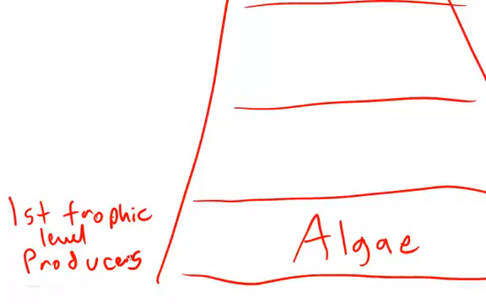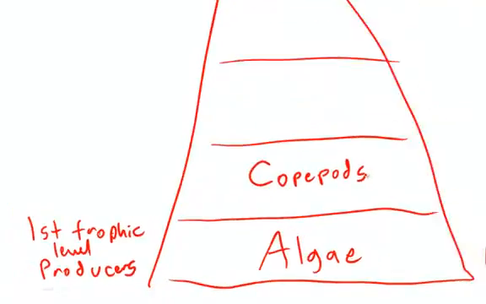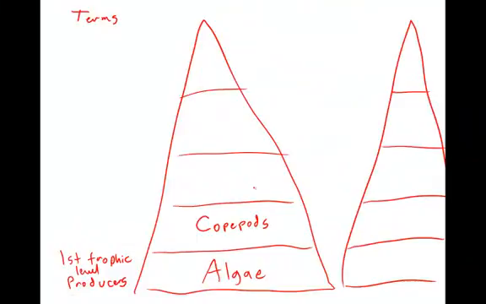And algae in our simplified aquatic food chain might be eaten by small crustaceans. Now there's many different types. There could be things like water fleas, but we're going to put something like copepods. Copepods are small relatives. They're not one-celled, and they are barely on the edge of being macroscopic. You can see them with your naked eye, but they are small little relatives of like crayfish and shrimp. And so this is the second trophic level.